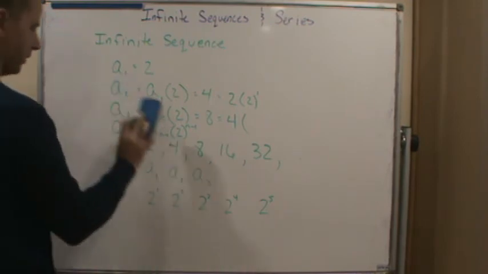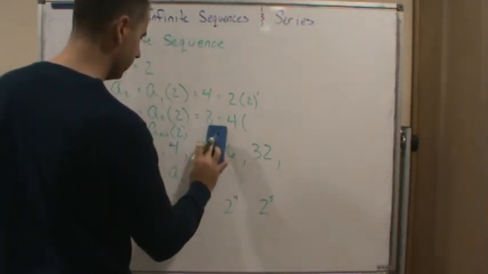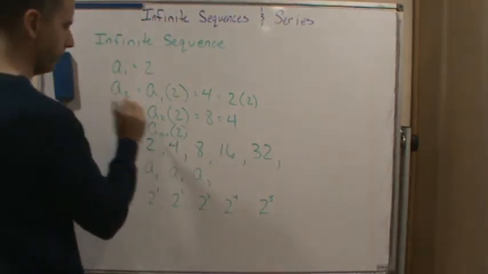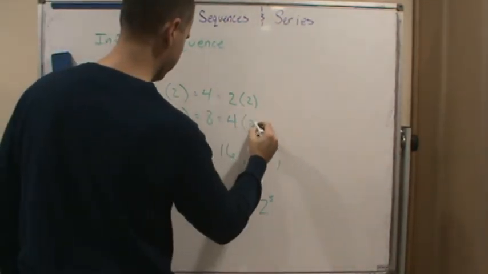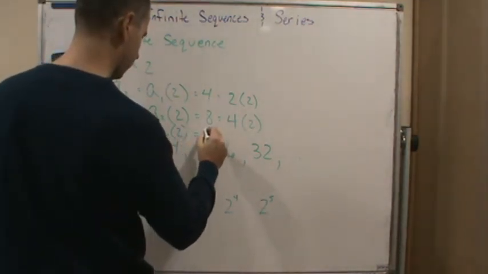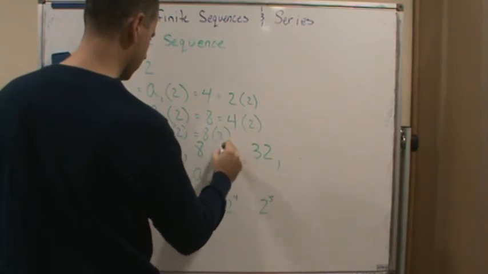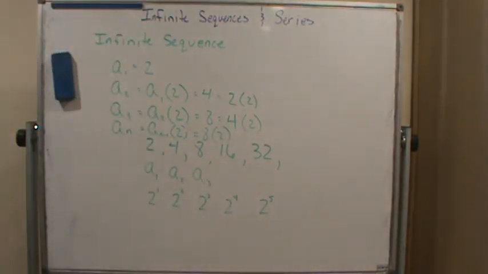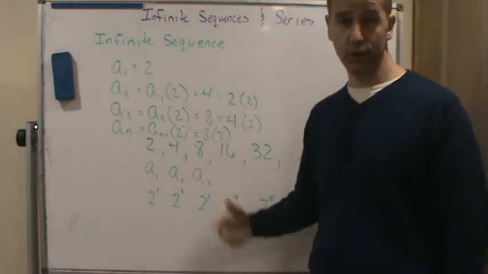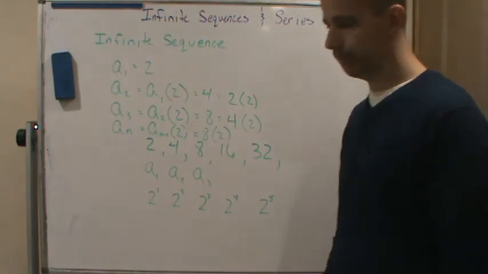No, it'd just be a sub n minus 2. Sorry, I'm getting ahead of myself. There we go. And this would be equal to 8 times 2. Okay, and so that's another way we can do that. Now we could also write this as a specific explicit formula too, which we're going to see as well.